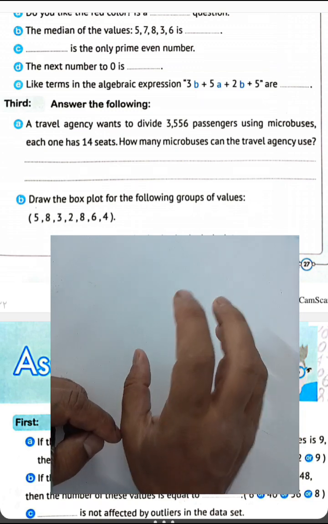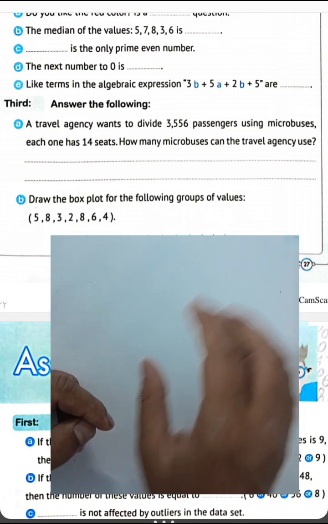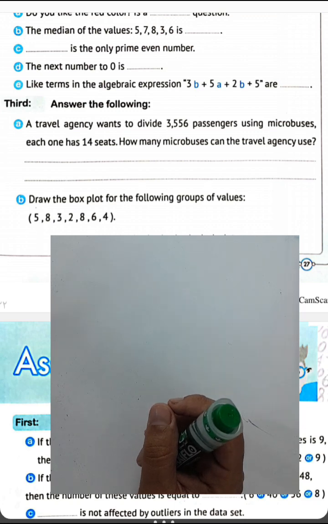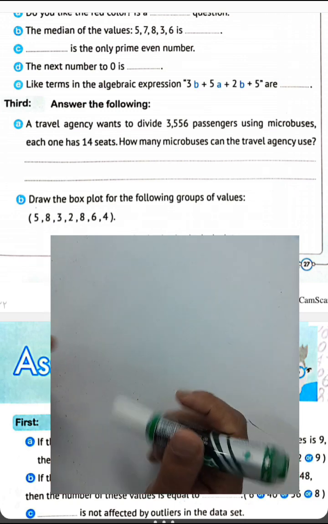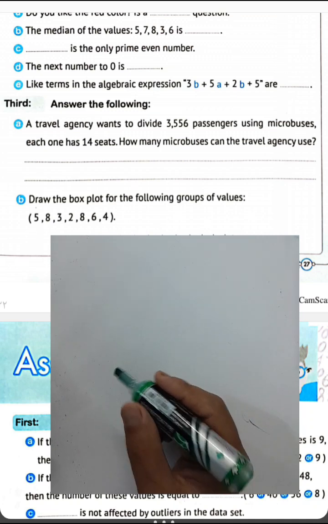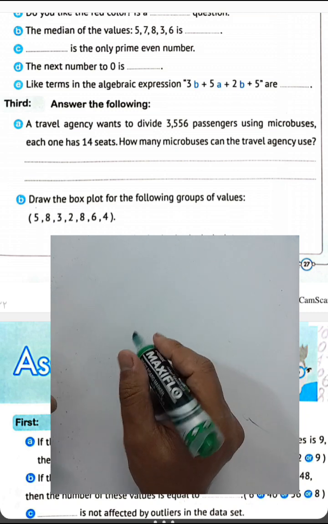We divide the total number of passengers by 14 seats. We want to find how many microbuses the travel agency can use, so we can find the number of microbuses by using long division between the two numbers.